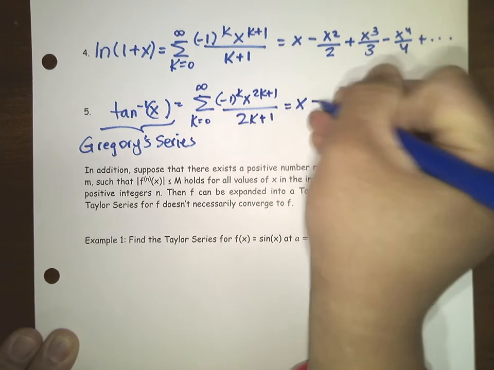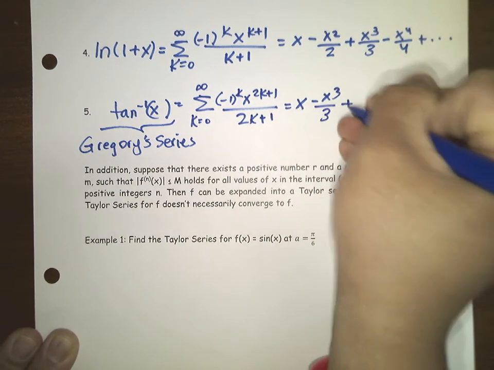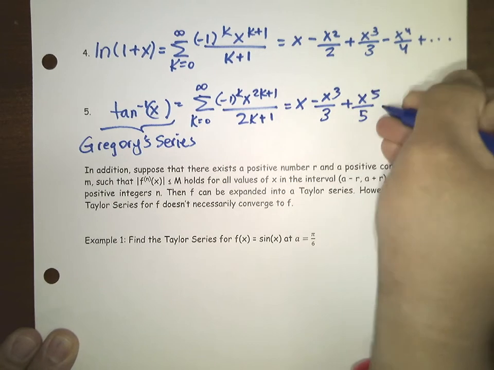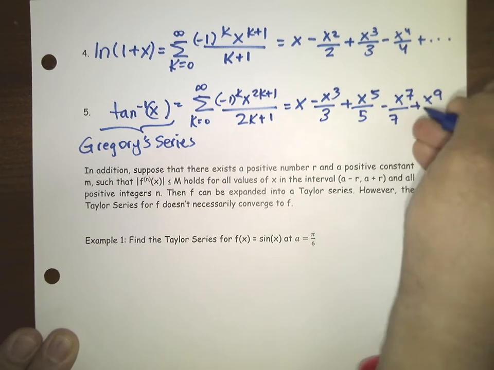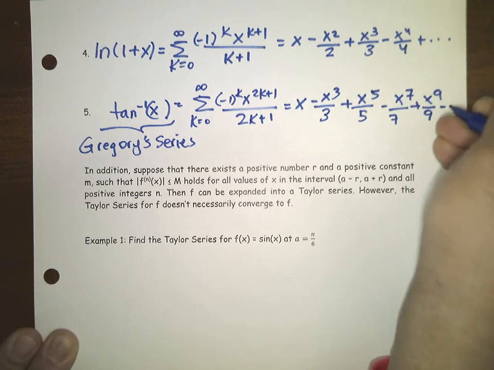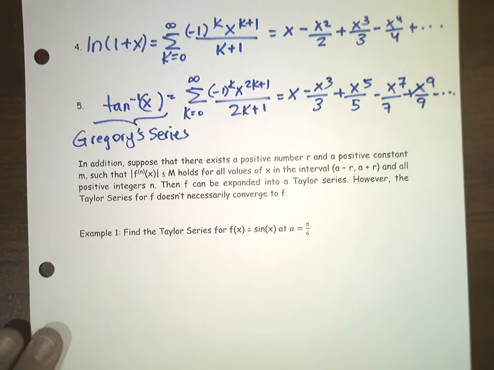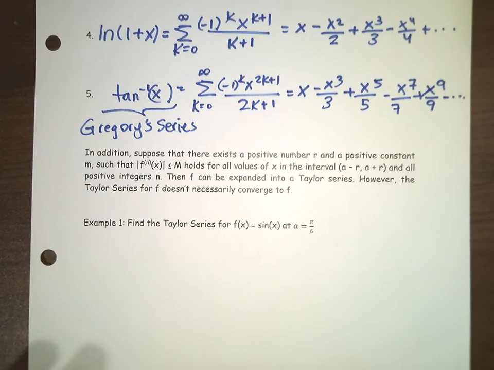So this will be x minus x to the third over 3 plus x to the fifth over 5 minus x to the 7 over 7 plus x to the 9 over 9, and then minus, and so on. So these are some common Maclaurin series to memorize for the rest of your life.